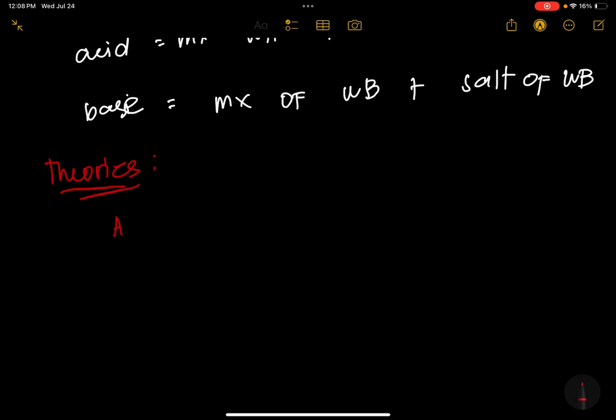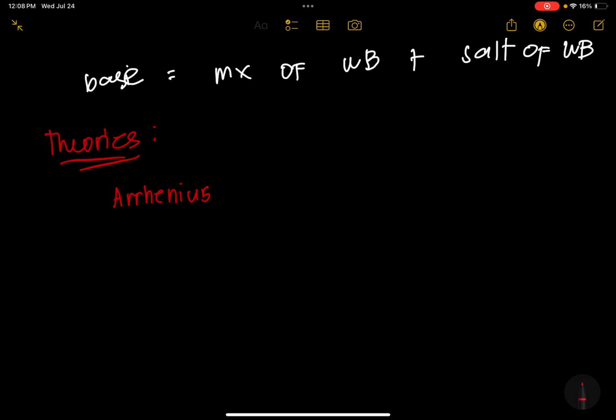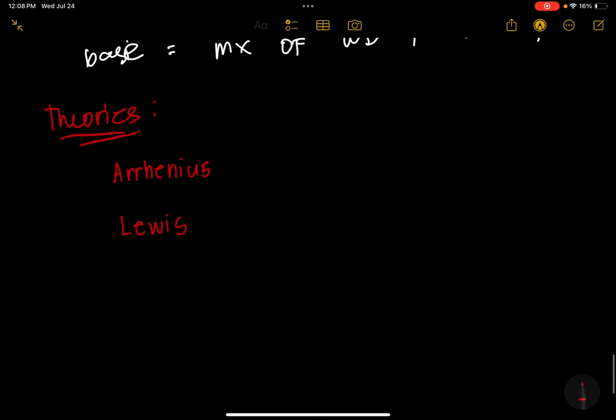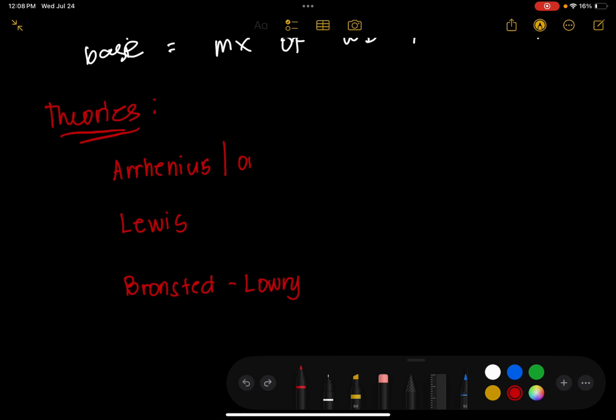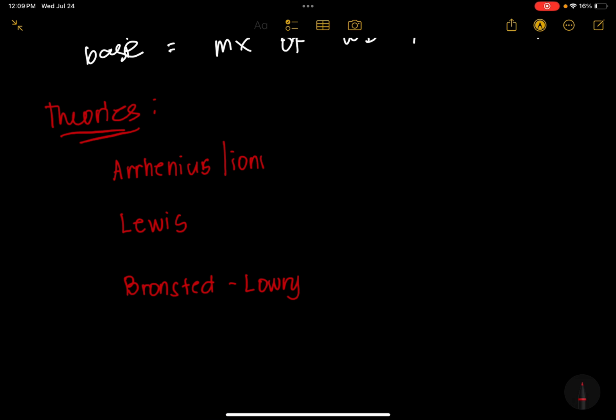We have Arrhenius, Lewis, and Bronsted-Lowry. The other name for Arrhenius is ionic theory.